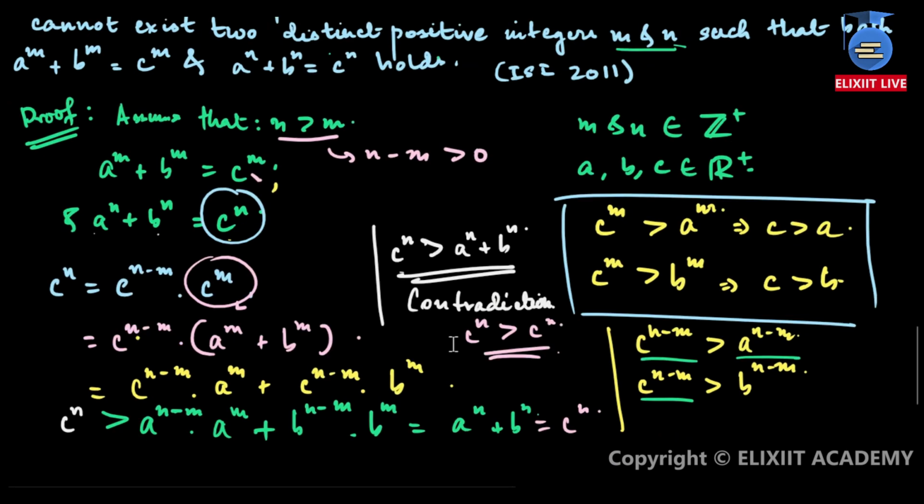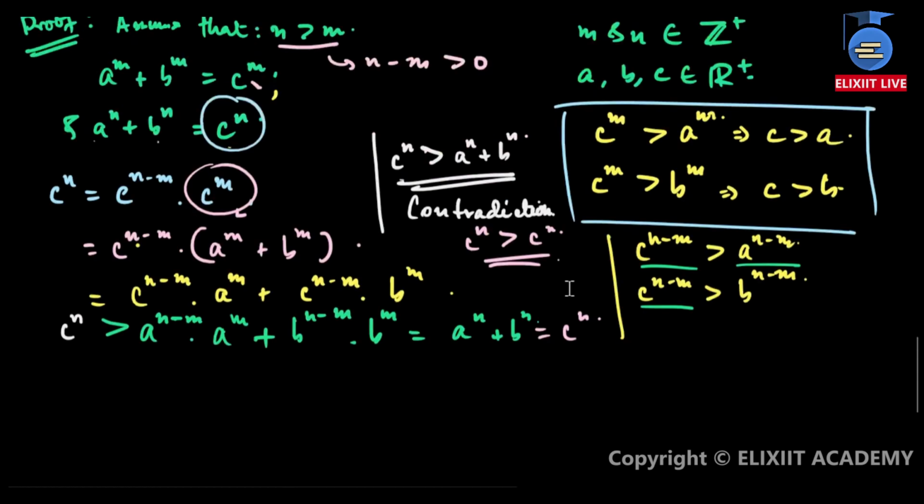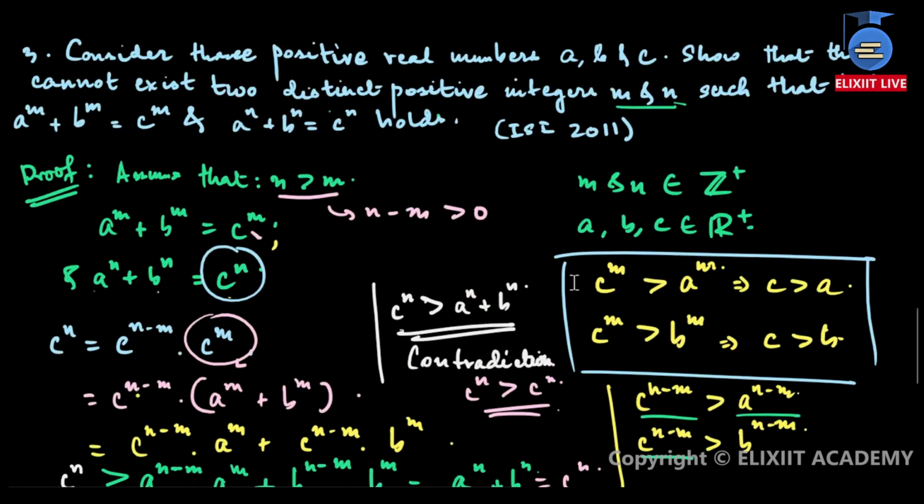Let's do one more method. The same question can be done using one more method. There also you are going to take the same kind of assumptions. In the first case, you assumed that n is greater than m. In the next method, you can consider m greater than n.